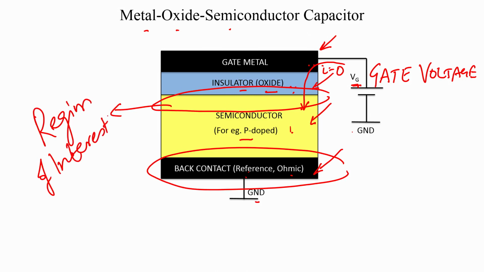So we are basically creating a junction. All our junctions so far have typically been metal semiconductor junctions or PN junctions, but here you are looking at a gate insulator and an insulator semiconductor junction. Since this is our region of interest, all our focus will lie in this region.